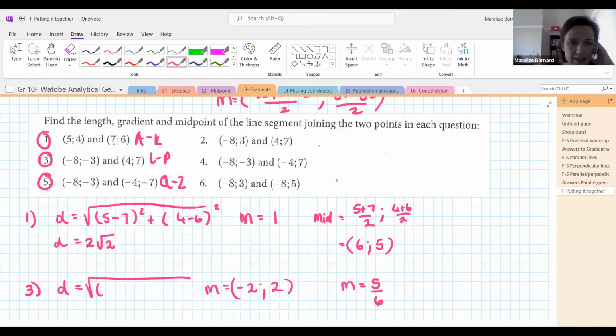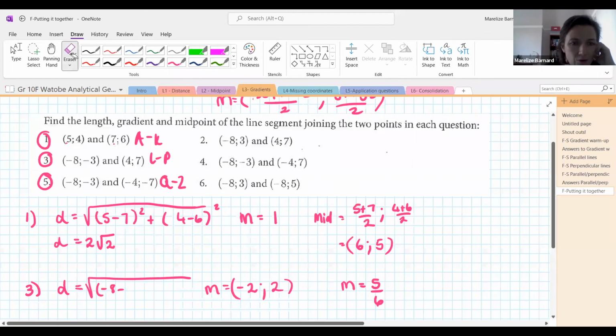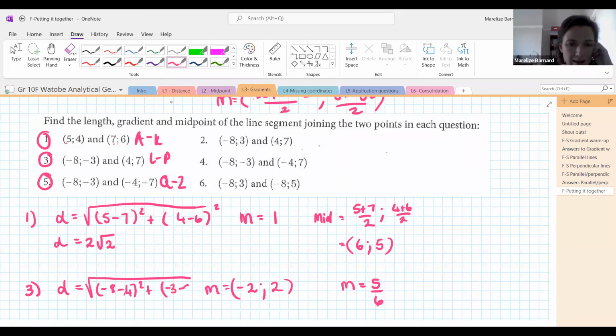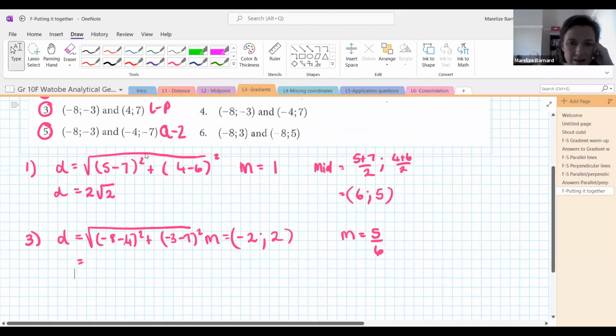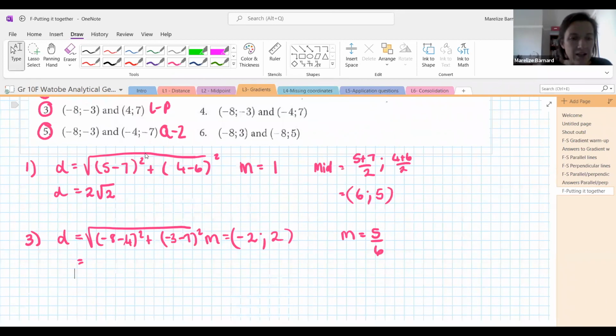We need to take the -8 and subtract the 4, not the 3, the 4, and square it, and then it's -3 minus 7 squared. I think maybe there was just a mistake somewhere with the signs, because your distance should never be negative.